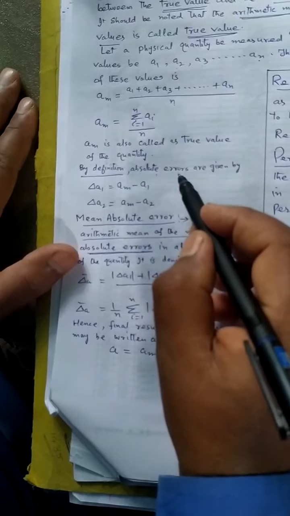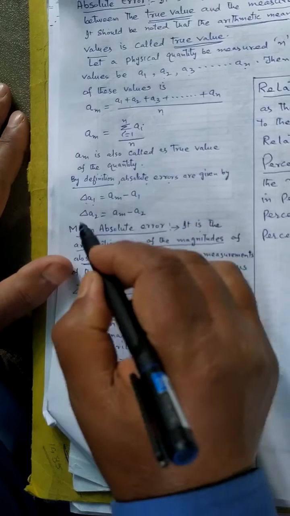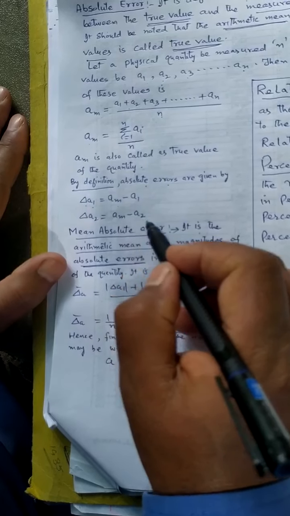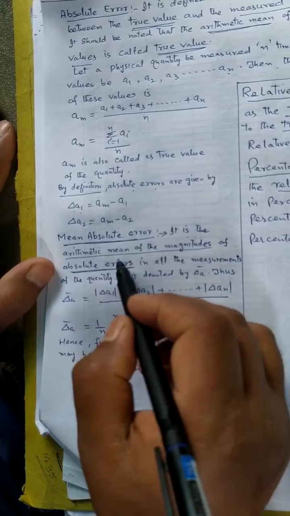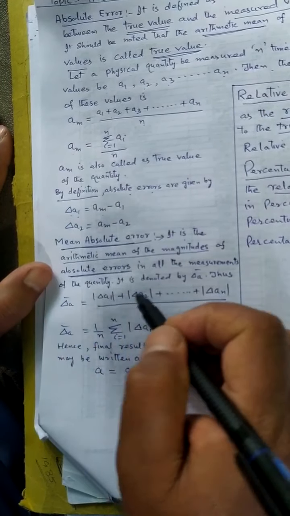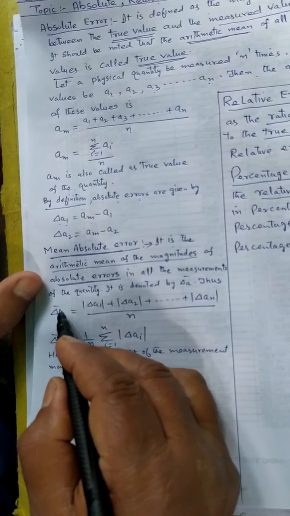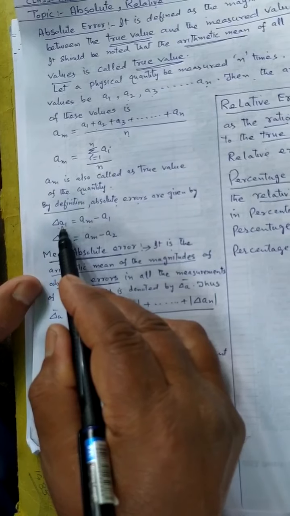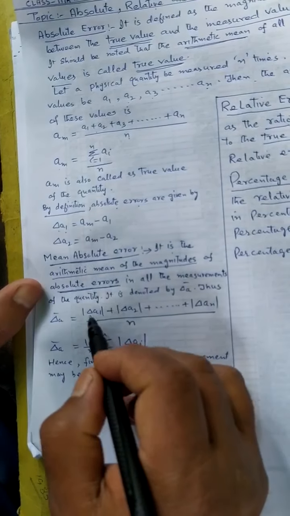By definition, absolute errors are given by delta A1 is equal to AM minus A1, delta A2 is equal to AM minus A2. Mean absolute error is the arithmetic mean of the magnitude of the absolute errors in all the measurements of the quantity. It is denoted by delta A bar. Thus, delta A bar, जो यहाँ निकला है absolute error delta A1, delta A2, इनका हम magnitude लिखेंगे.